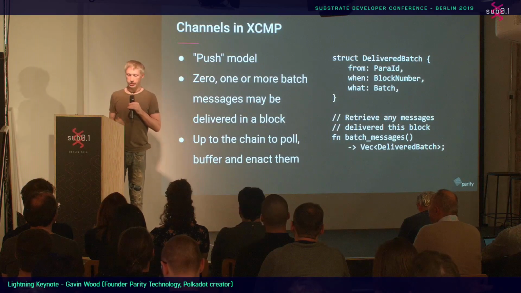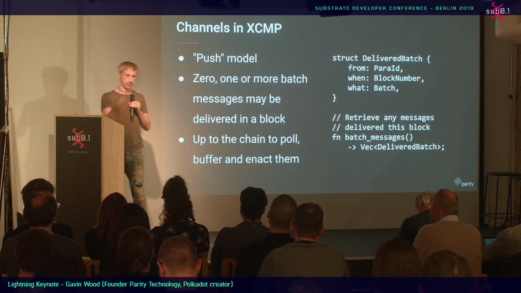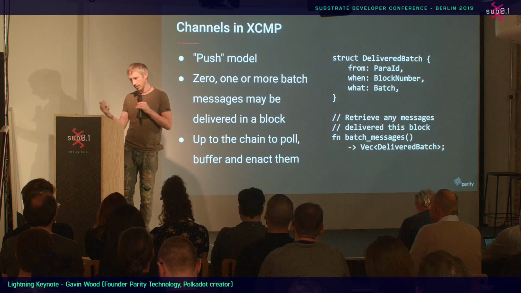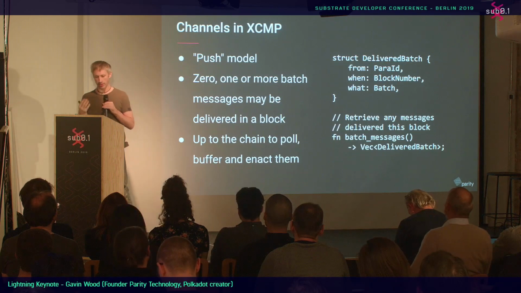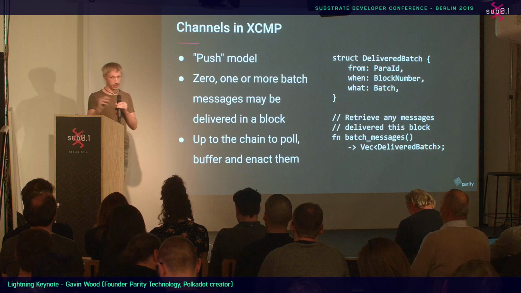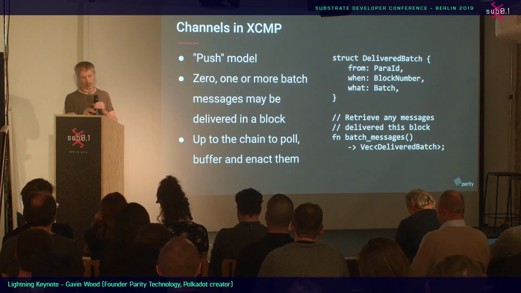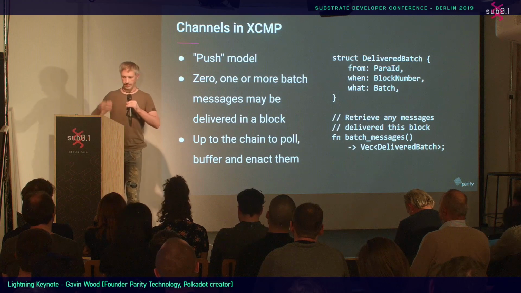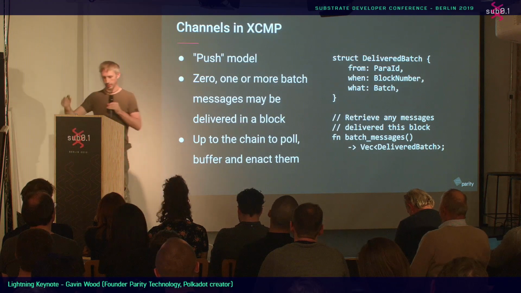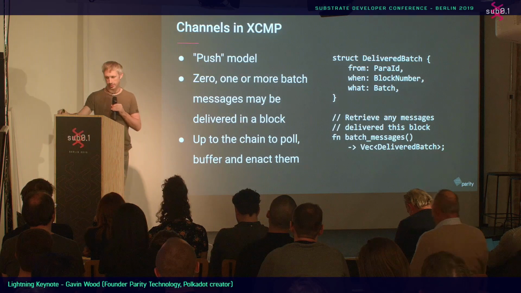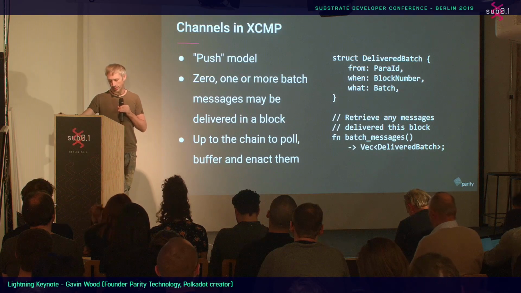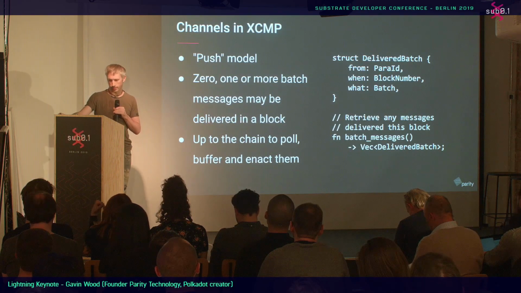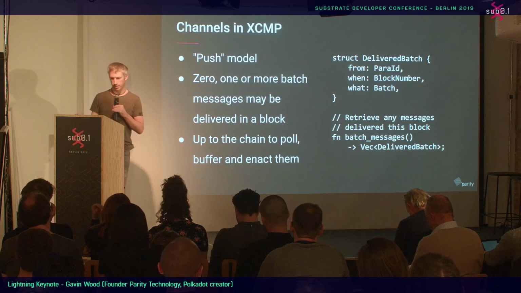At the back end, it's actually just inherent data. It's coming in from the relay chain, which delivers these messages into your parachain, and your parachain is checked to make sure it's delivering the right messages. You end up with a vector of messages coming from various places, various para IDs, various parachains, and you also get the block number at which they were sent out.